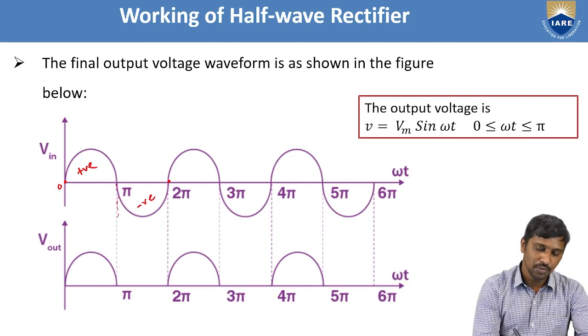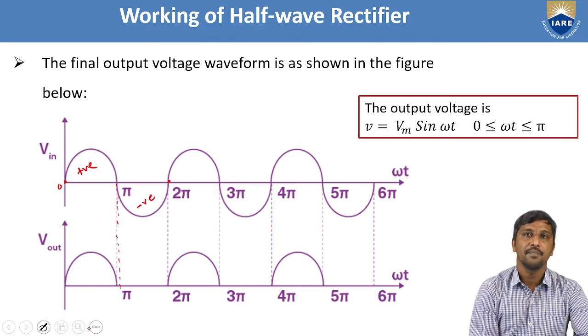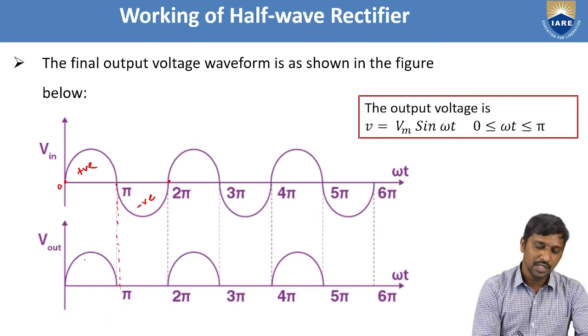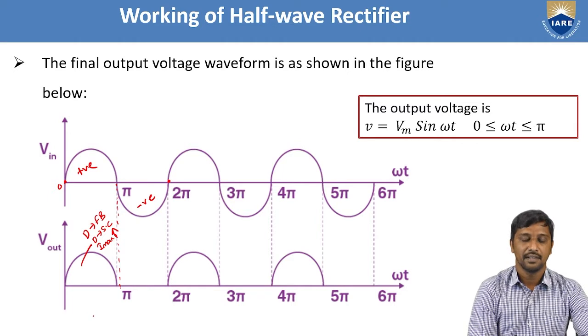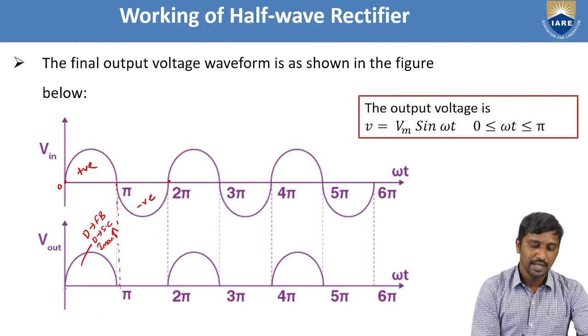During the positive portion of the signal, what is the output? At this point, the diode acts as forward bias. Hence, the diode is replaced with a short circuit. That is the reason it allows the maximum current. The current is generated here, so across the load resistance, we observe the same response.